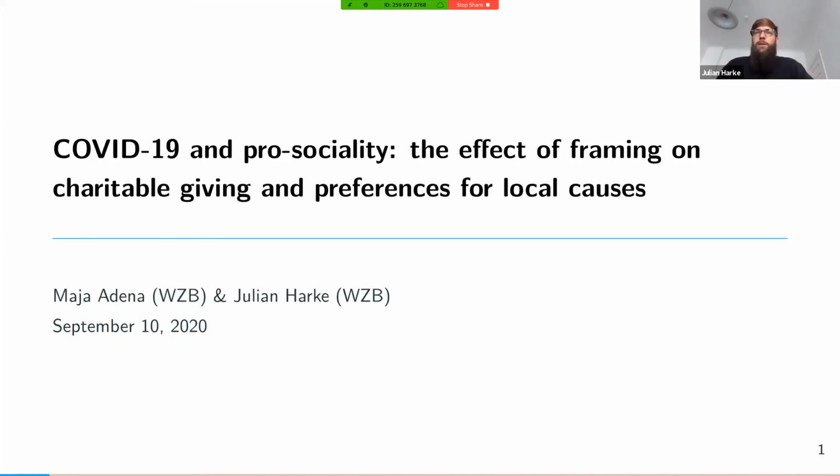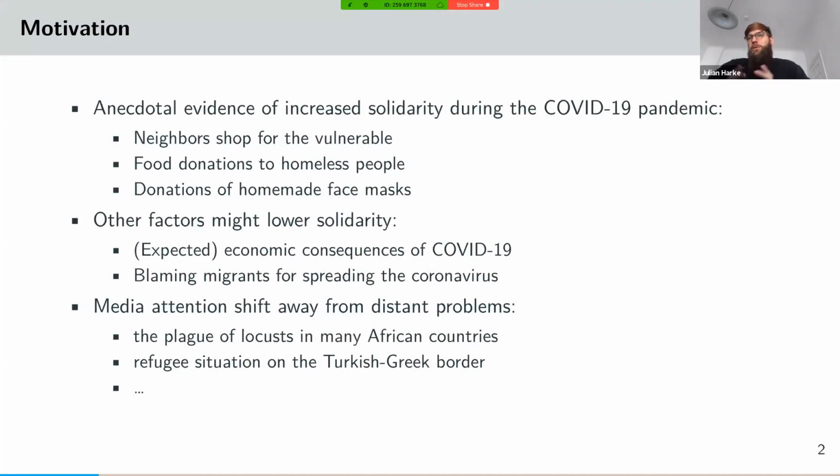Our motivation is, you probably all heard stories during this pandemic about solidarity, such as people shopping for their vulnerable neighbors, right? But there also might be other factors that lower solidarity. For example, if someone just lost their job, they might not be able to donate anymore.